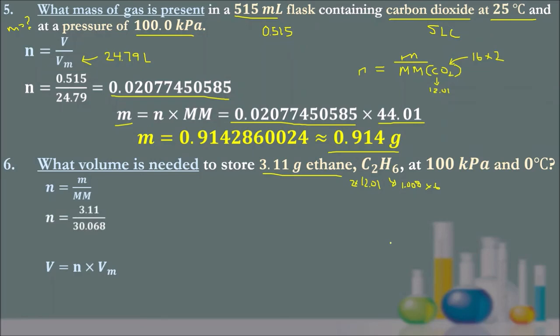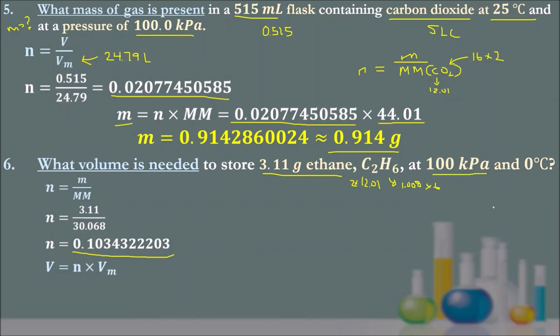So we put those numbers in, and that's what we have, 30.068. We find the number of moles is equal to this value here. Again, we're not going to round anything off because that will affect our overall numbers, and if it was in the HSC, you would be marked down if there were some slight rounding off issues.